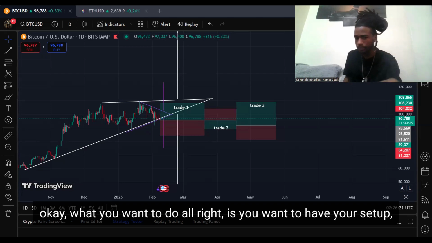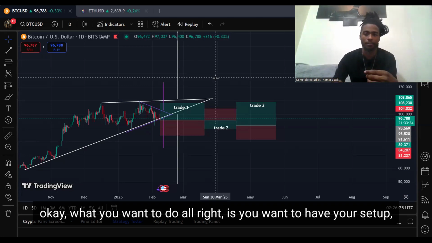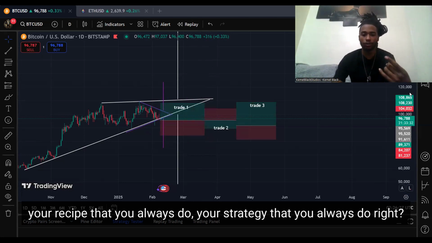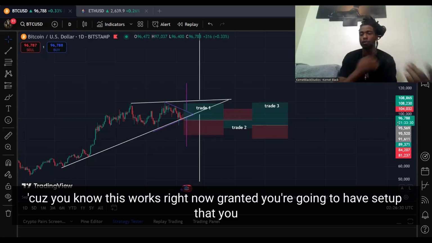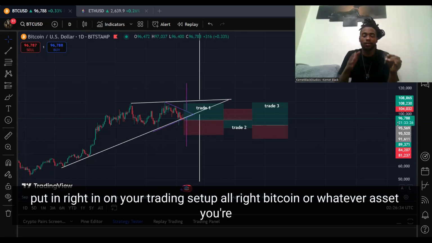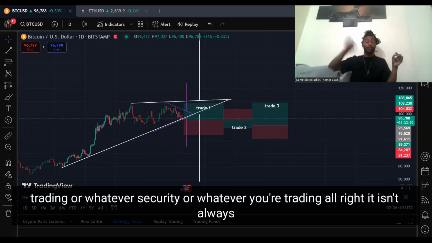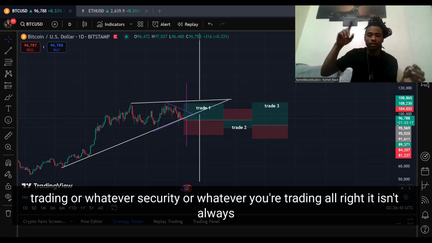What you want to do is have your setup, your recipe, your strategy that you always use, because you know this works. Now, granted, Bitcoin or whatever asset you're trading isn't always going to go the way you want.